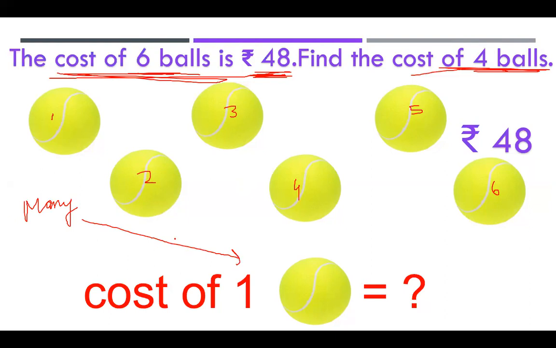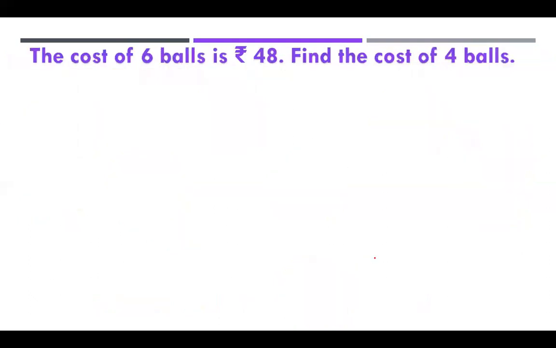So many to one, we have to divide. You are dividing the cost of these balls into the cost of one ball. So many to one we will divide, right? You have to divide this 48 by these 6 balls to get the price of one ball.